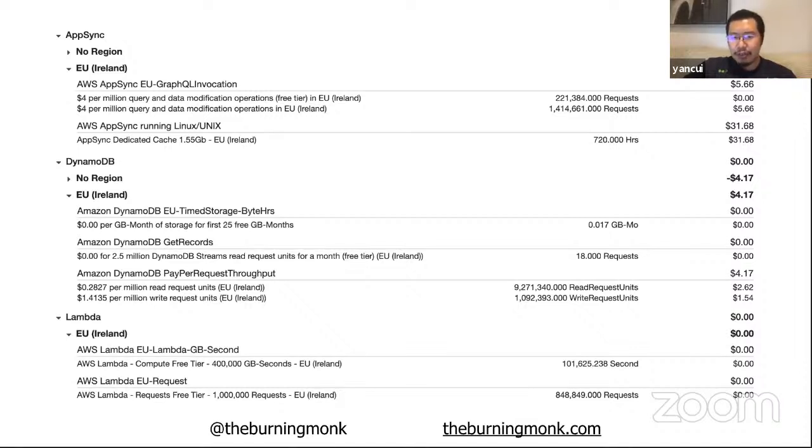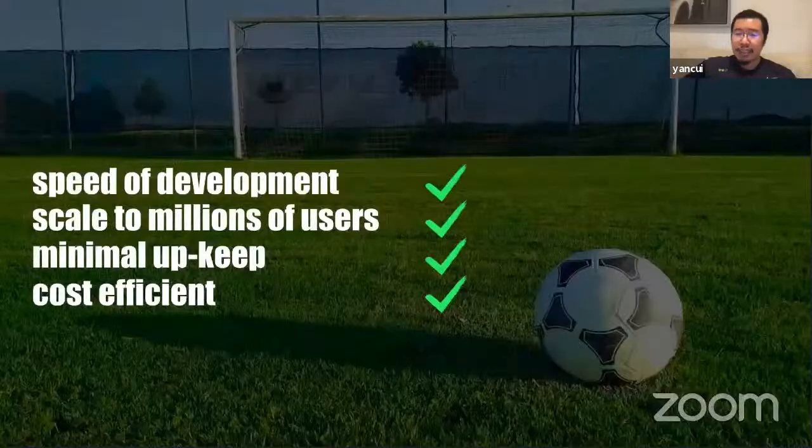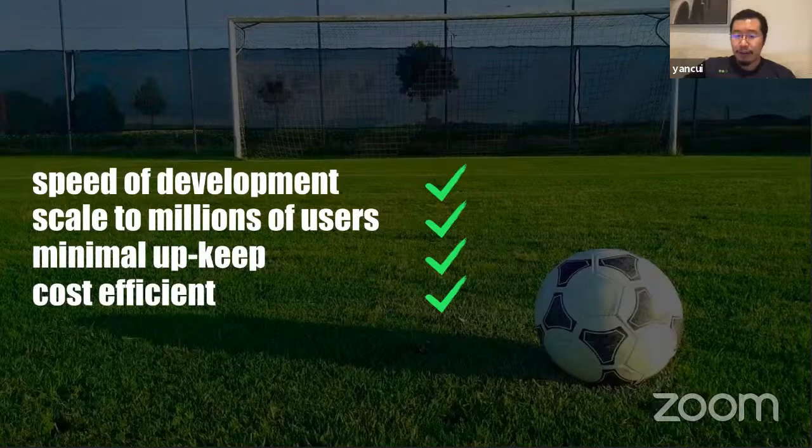So this $32 is going to be pretty flat for the foreseeable future, even as traffic goes up 10x. And it's going to save us tons of money on the Lambda and the DynamoDB cost. And besides what you see here, there's also maybe, I think, $15 or so for CloudWatch logs and for X-Ray as well. So all in all, it's been a pretty reasonable price to pay for something like this.